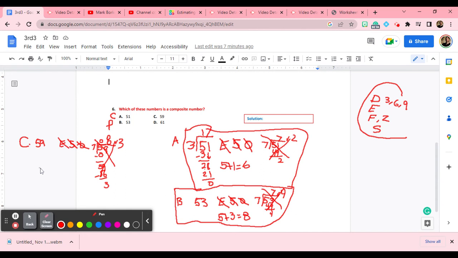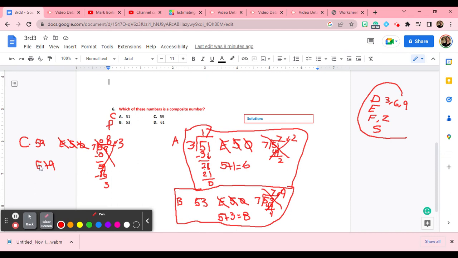And then finally, 5 plus 9 to get our digital root. And another thing, students, if your digital root is over 9, let's say your digital root is 12 after you've done all this, you would have to take the 1 plus 2 because your digital root has to be less than 10, okay?